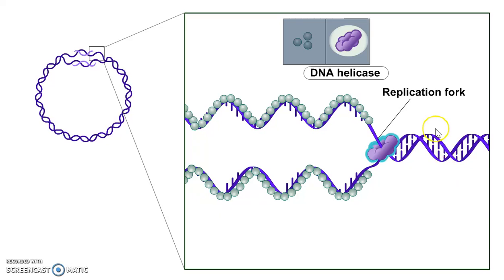If we look at our big picture, and then in this little screen over here, we're just saying what's happening on one side of that origin of replication. And this leads to a problem because when you have those single-stranded DNA molecules floating around, they're really not as stable. DNA really likes to be in this double-stranded configuration over here.